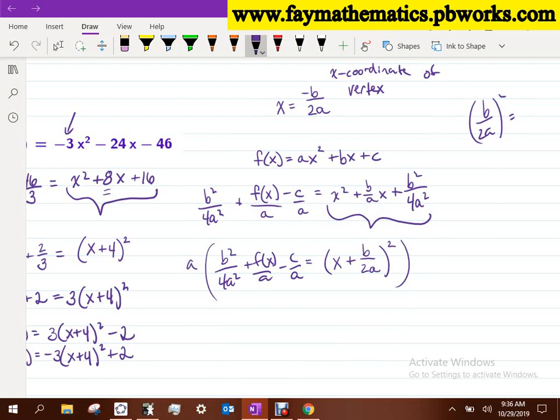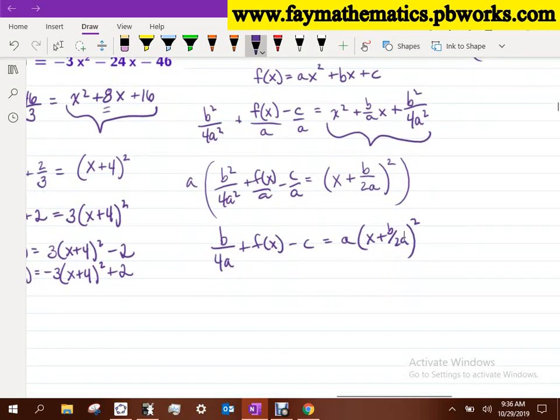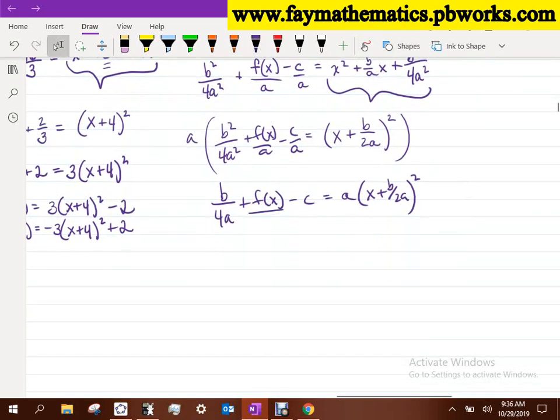Now it doesn't really help with this first fraction, but it gives me b squared over 4a. This is going to be f of x, and this is going to be minus c. It's going to be a times x plus b over 2a, squared. The reason I did that is because I want to be able to solve for f of x here. So would you agree that this thing can get moved to the other side? And so can that?